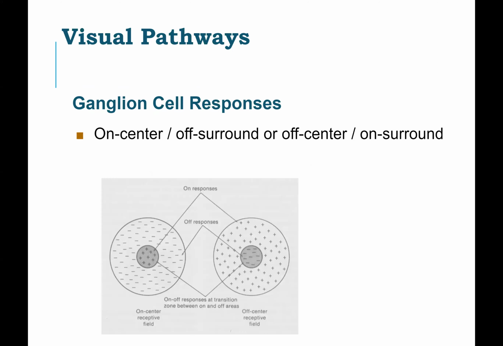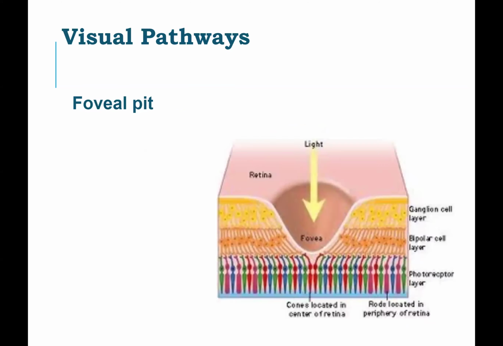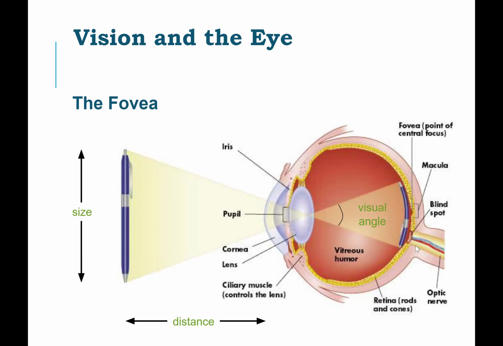So let's think about the eye. It all starts in the eye, and we call it retinotopic because it maintains the organization of the retina. So the light from this tip of this pen is falling here, or let's say from the other end, the light from this end of the pen is falling here.